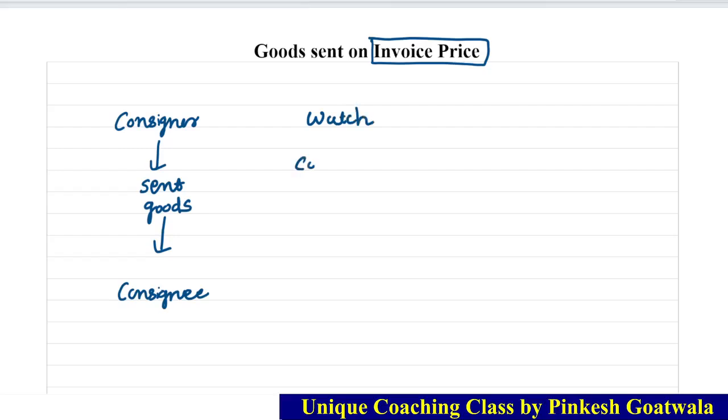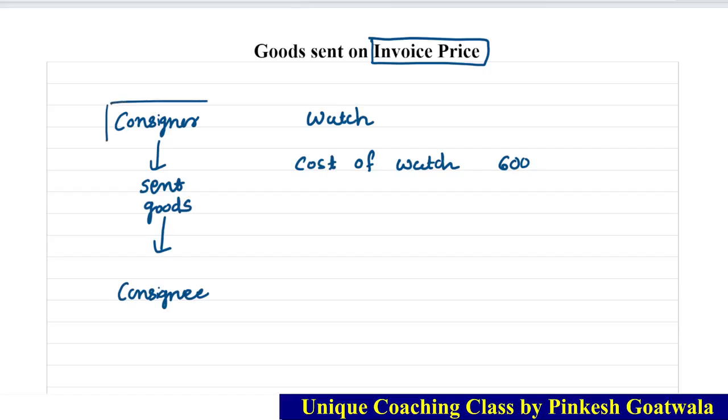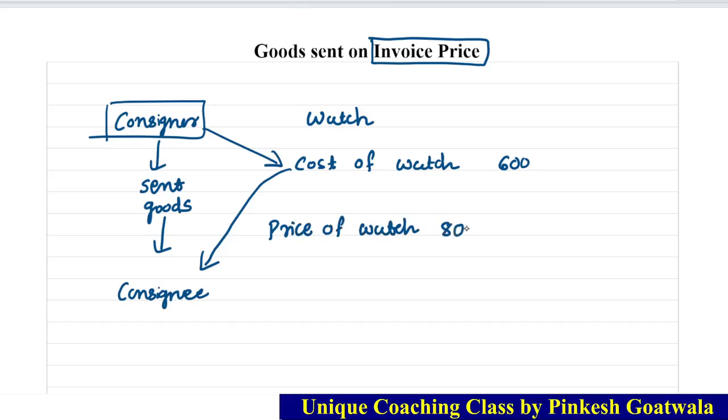Suppose the actual cost of the watch is 600. The consignor knows that the cost of the watch is 600, but when the consignor sends these goods to the consignee, he informs the consignee that the price of the watch is 800. ત્યારે એને શું કહેશે કે ભાઈ એની cost કેટલી છે? The cost of watch is 800 એવું કહેશે.